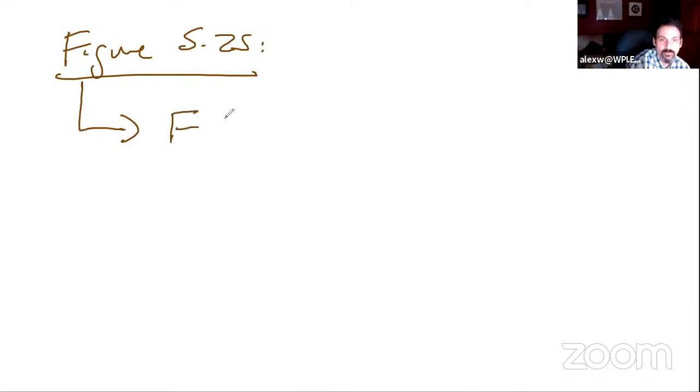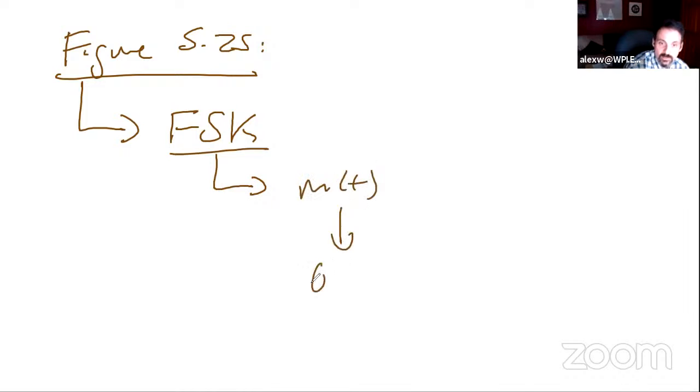In the case of FSK, as opposed to phase shift keying or amplitude shift keying, if we have this m of t function and translate it into a theta of t, we need to use Fourier series. Oh boy, this is going to be fun.